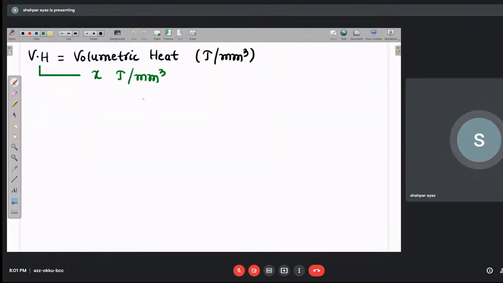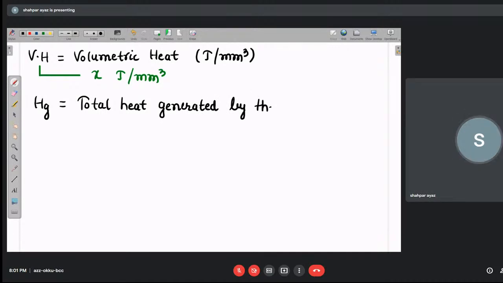Now let's understand the heat. The first heat is called your Hg. Hg is total heat generated by the transformer.